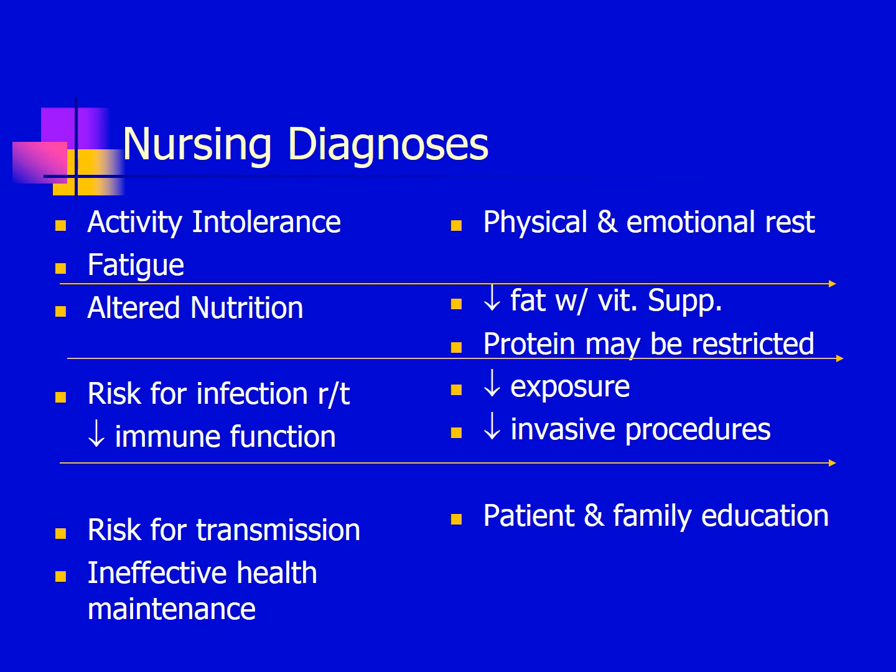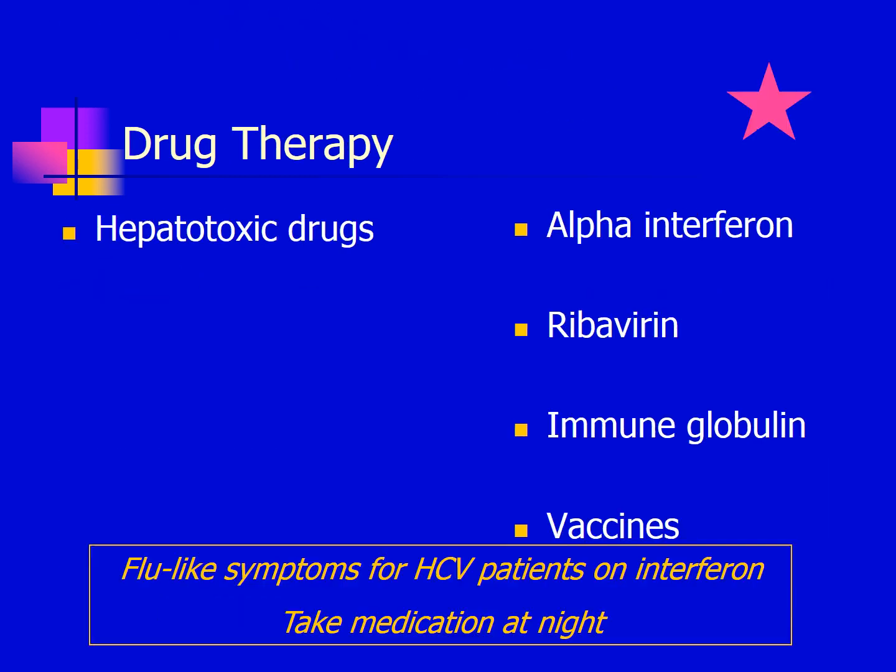Next slide. So drug therapy, because with hepatitis B, you can get it and the body can convert over. Same thing for hepatitis C. However, there's a tendency for hepatitis B and C to become a chronic disease, right? 10% of the patients with hepatitis B and a greater percentage of the patients with hepatitis C. So they become chronic, meaning that they're a carrier.